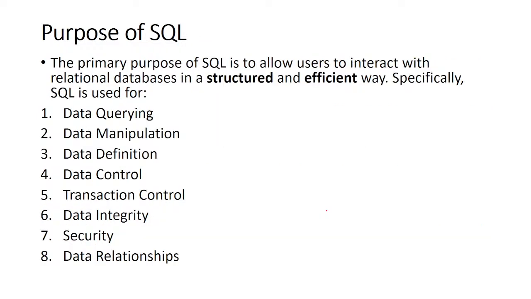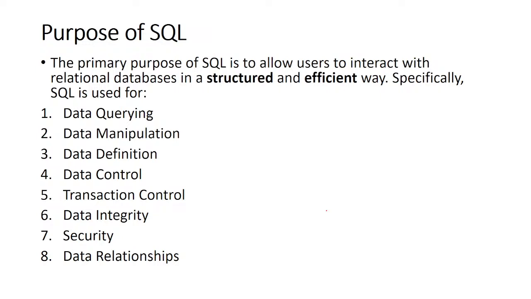we discuss the purpose of SQL. The primary purpose of SQL is to allow users to interact with the relational database structure in an efficient way, especially used for data querying.